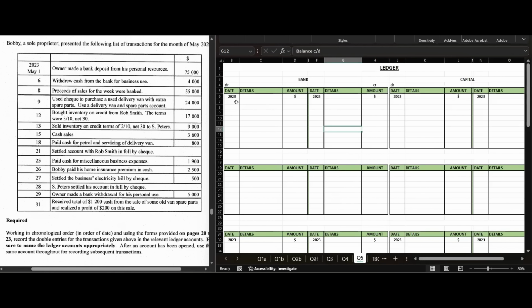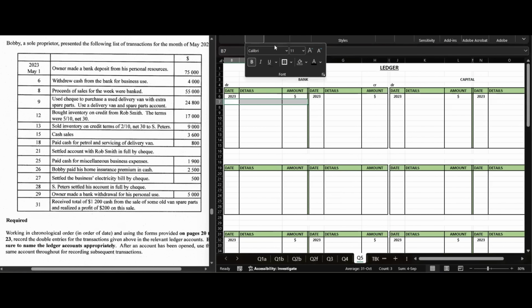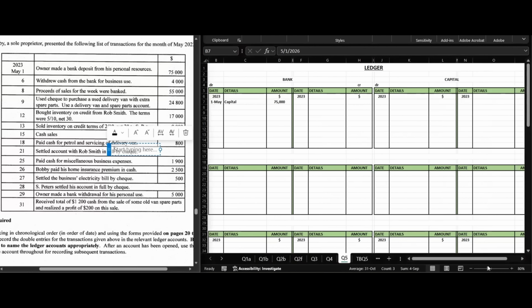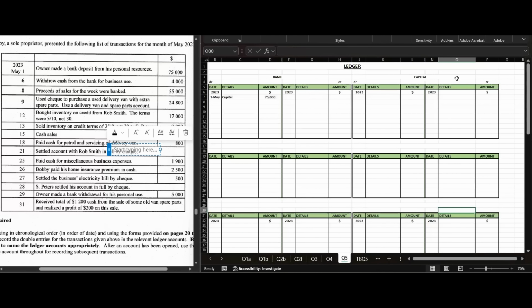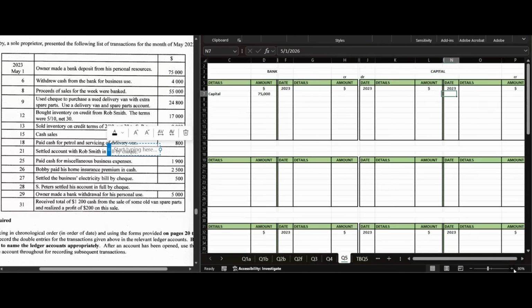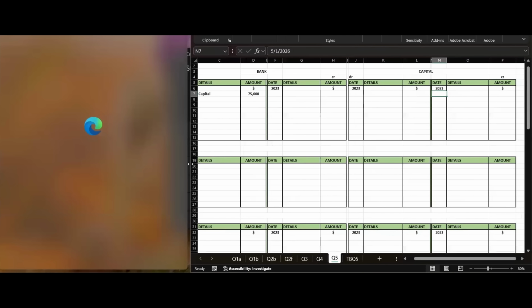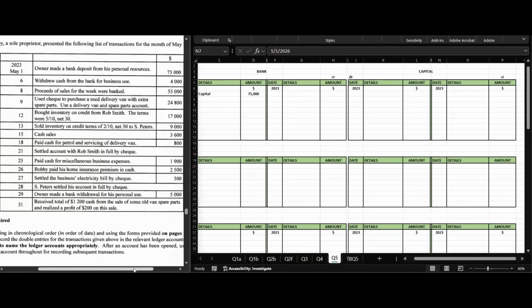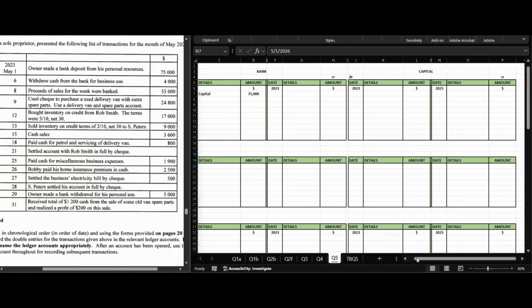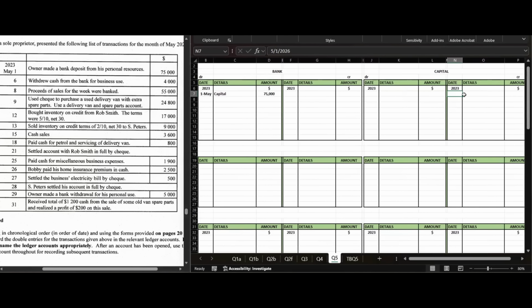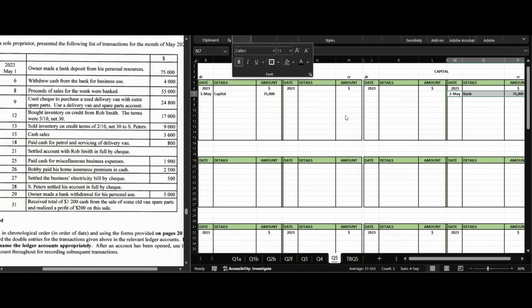Well, what we should do here is debit the bank and credit capital. Nice.